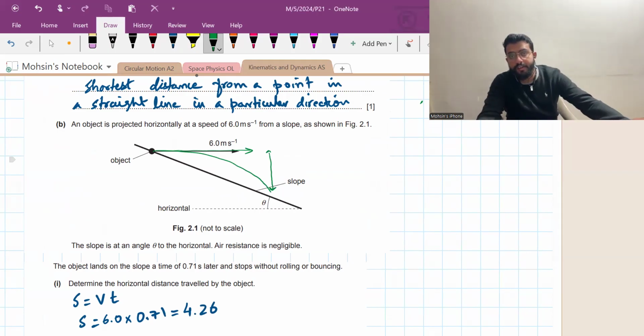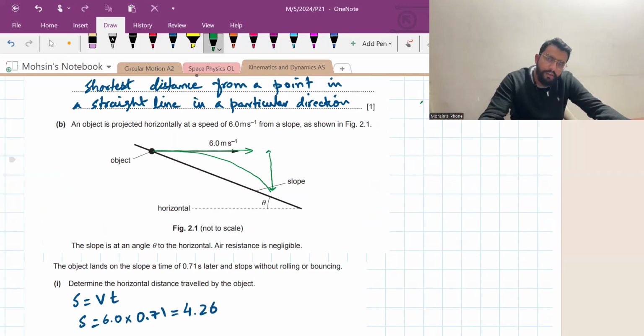If you have studied the topic projectile motion, you know that for the horizontal motion, the object covers the distance at a particular speed because there is no air resistance or any other force in the horizontal plane. But in the vertical plane, there is gravitational force, and because there is no air resistance, the acceleration due to gravity is 9.81 here.